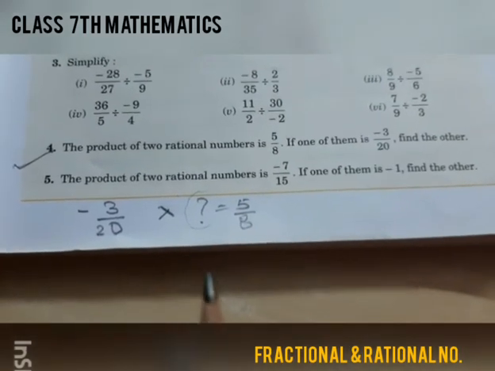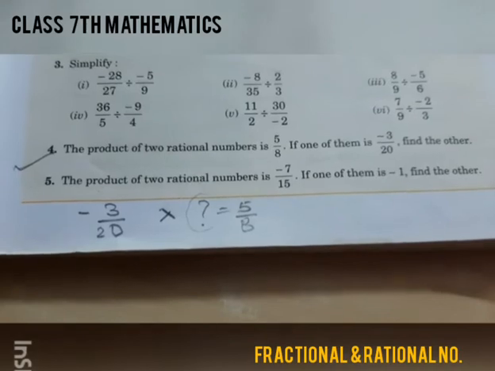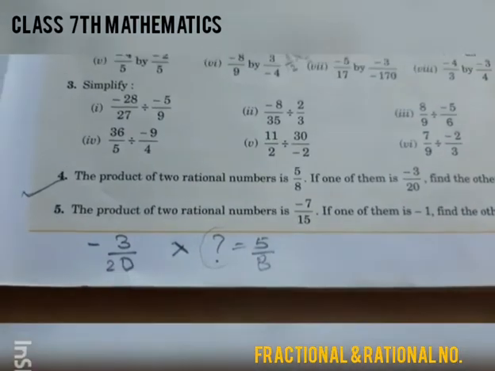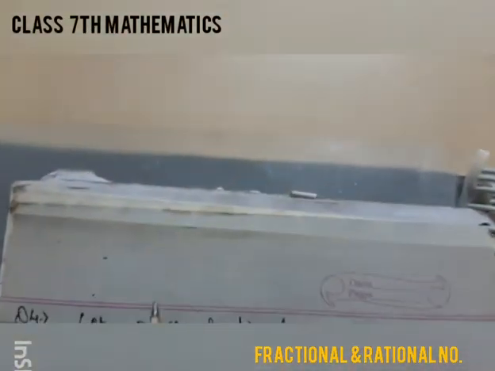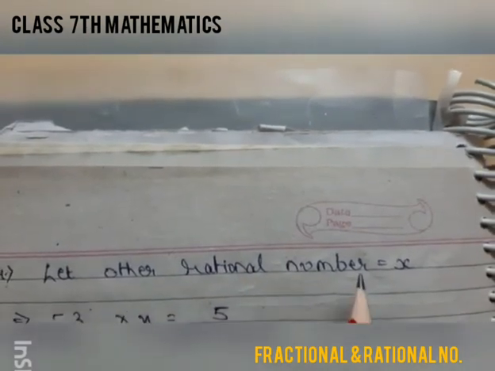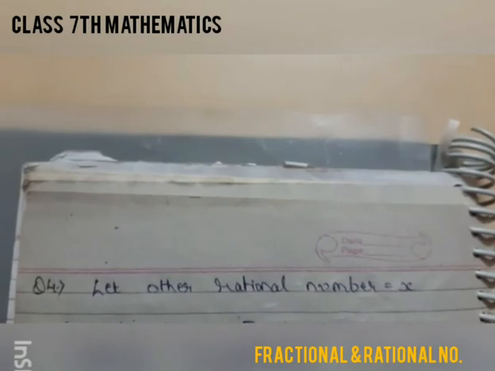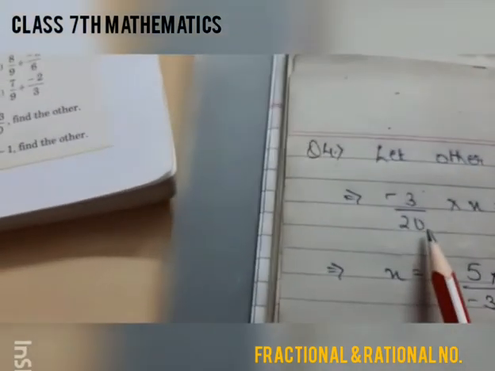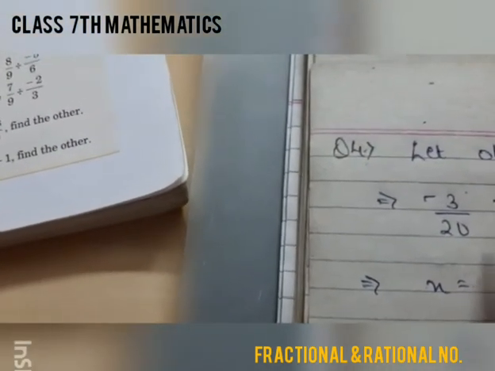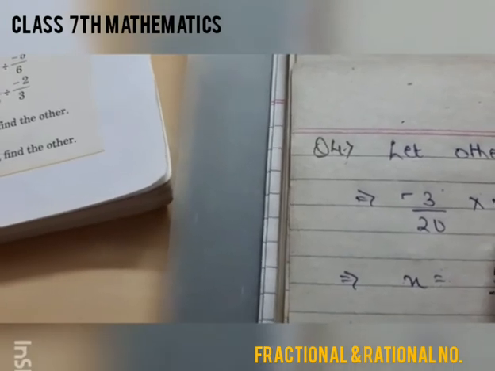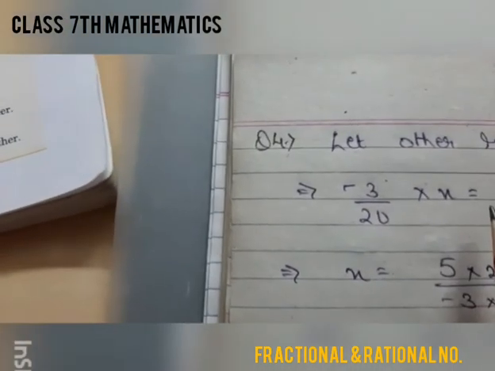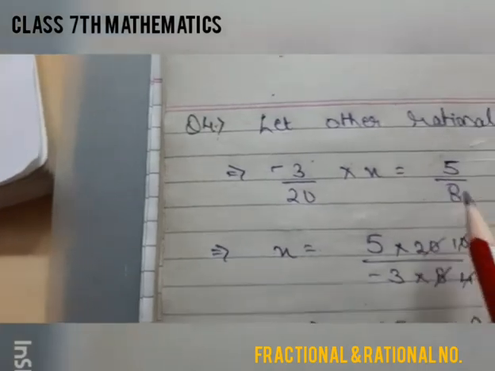Now, in terms of mathematics, we will write: let the other rational number be x. Since the product was given, the first rational number is minus 3 upon 20. Write it down: minus 3 upon 20 into x, the second rational number we have assumed. The product comes to 5 upon 8.